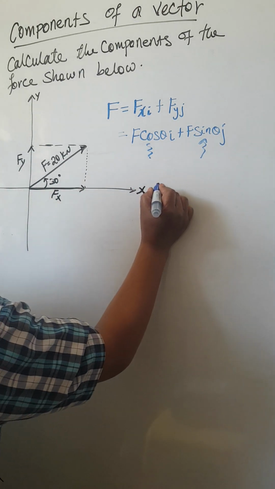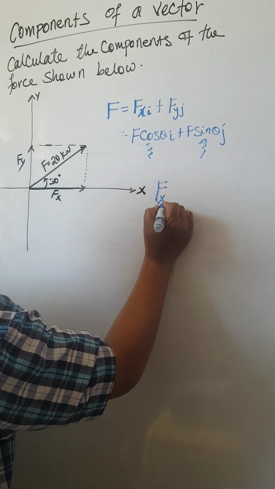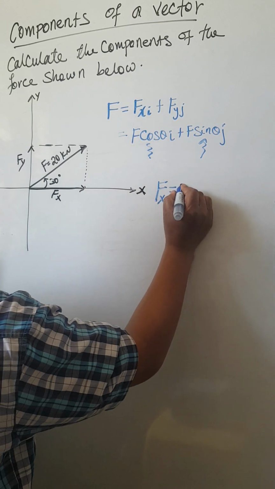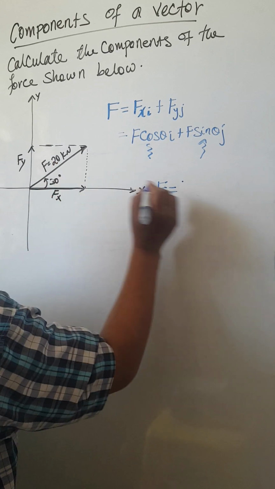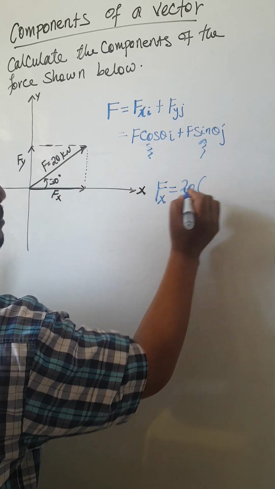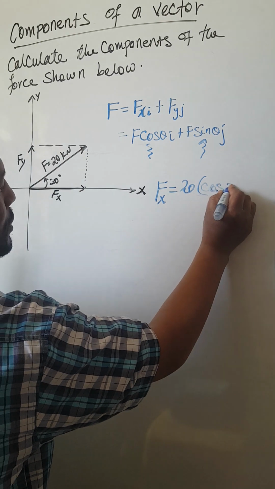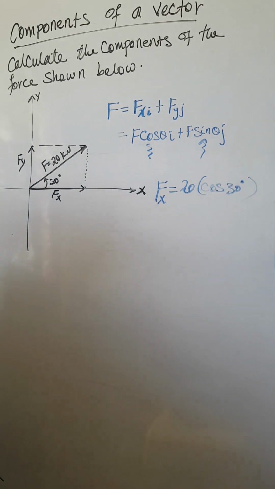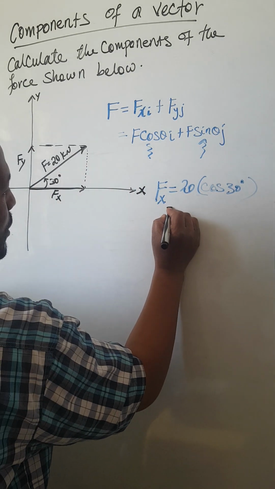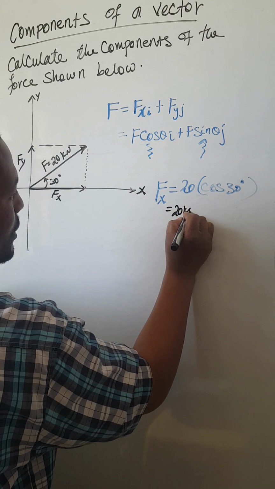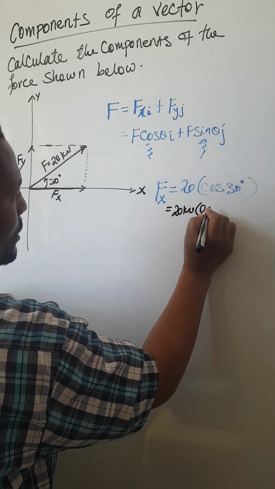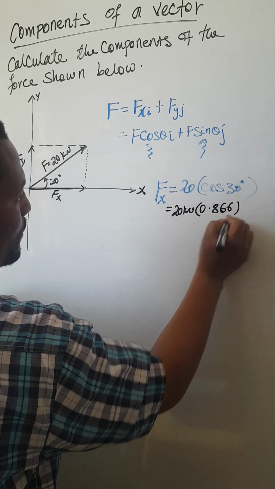So Fx is equal to F, which is 20 kilonewton, times cosine of 30 degrees. The cosine of 30 degrees is 0.866.